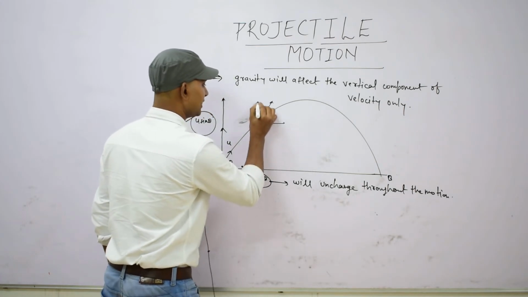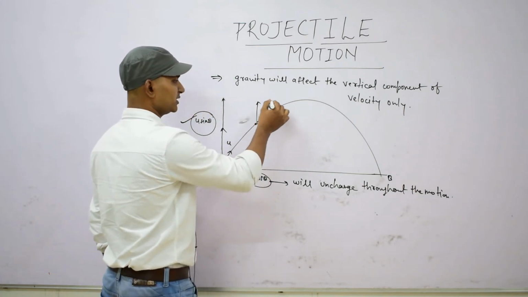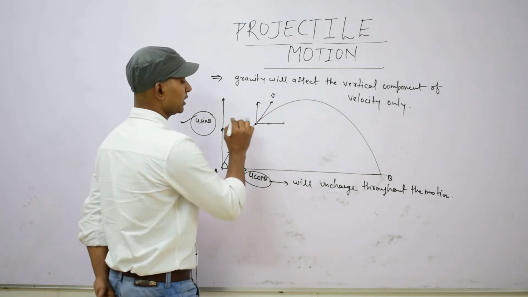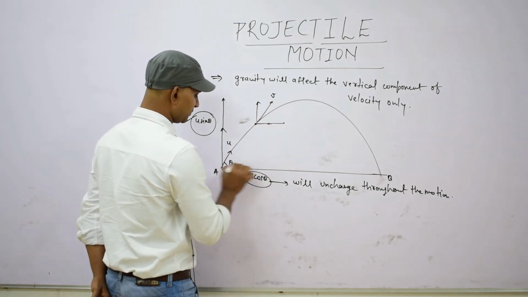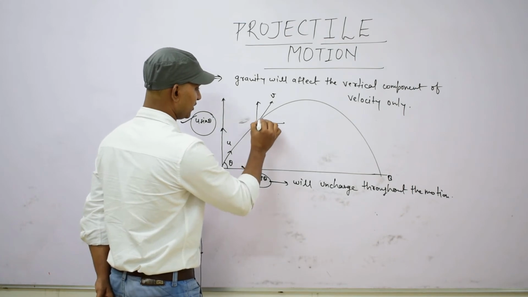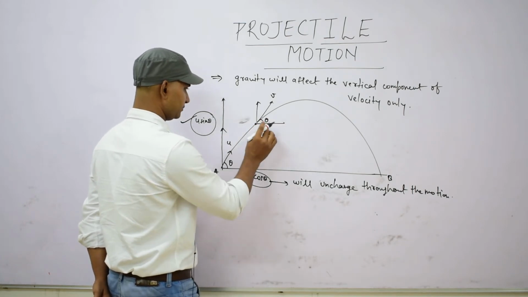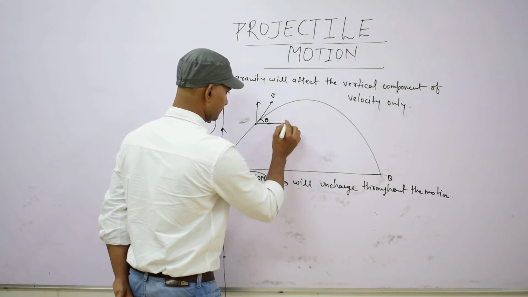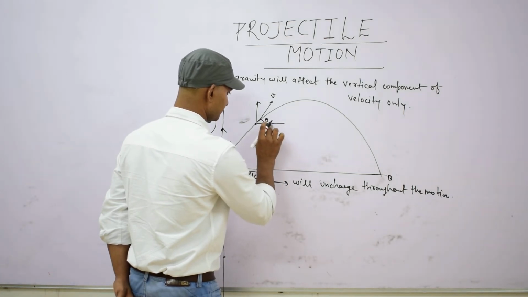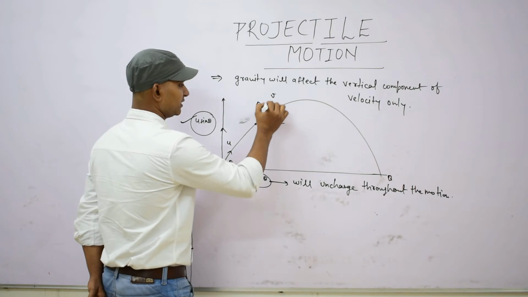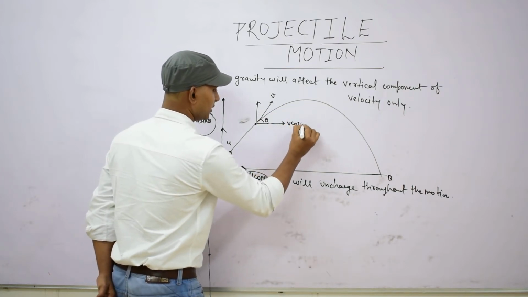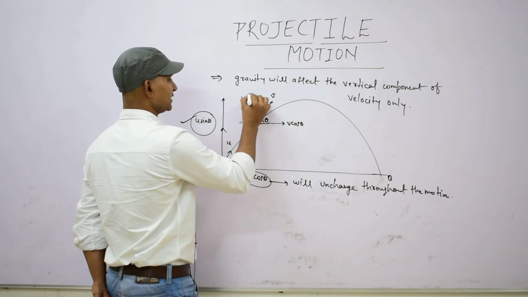Let's suppose its velocity is V, with respect to this angle theta, this will also be theta. So if this is V, it will be V cos theta and V sin theta.